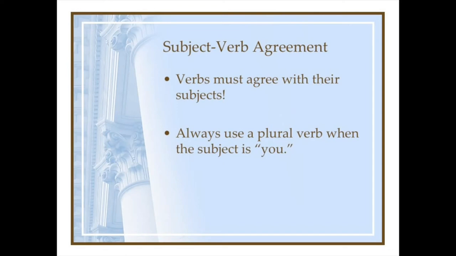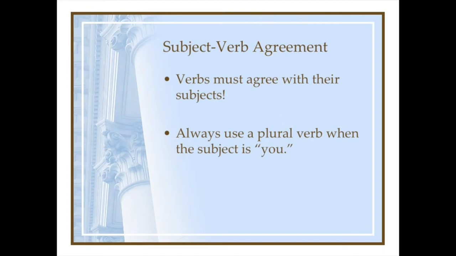In a previous part of this video, I mentioned subject-verb agreement, and we're going to take a closer look at that now. What we mean by subject-verb agreement is that a verb must agree with its subject in number and in person, which means that if you have a plural subject, you have to have a verb that agrees with a plural subject.